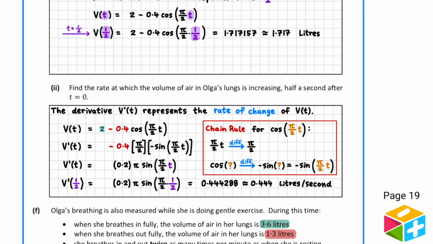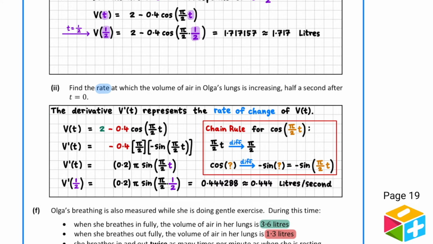An important thing to pick up on here is that this question involves a rate of change. We're not looking at the volume itself, but rather the rate at which the volume is increasing. As we mentioned earlier, the derivative v dashed of t will represent the rate of change.